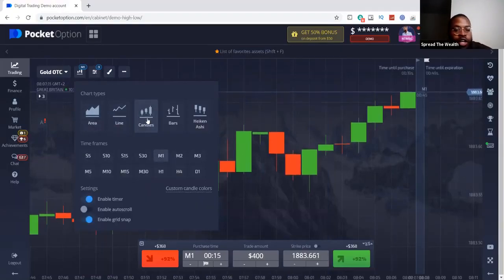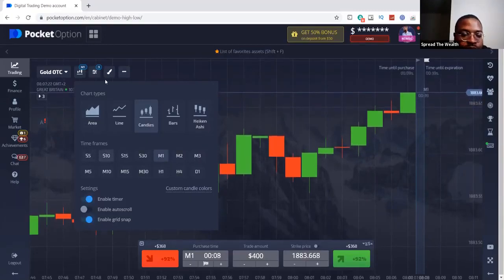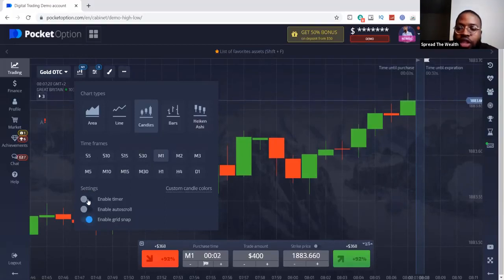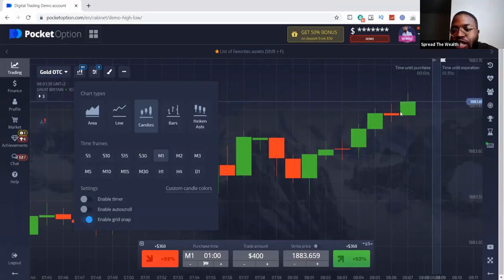And then from there, you're going to select exactly what time frame you're looking to get into a trade. Now, this is the most important part right here, right? The timer. You always want to enable the timer. Why? Because as you guys can see on this current candle, if I'm just looking at this specific chart, I don't know exactly what time this candle is going to end.